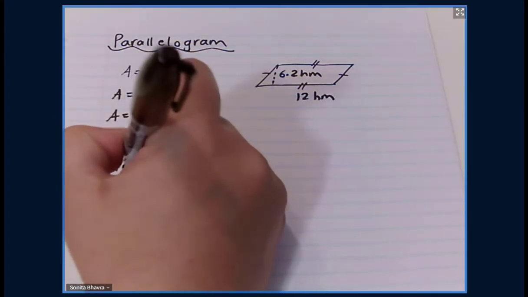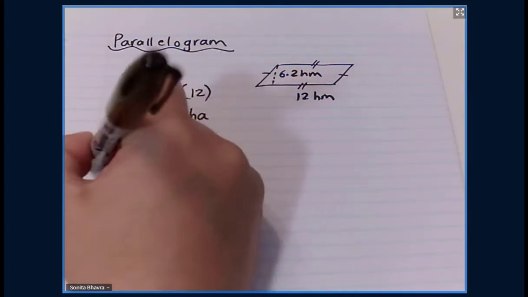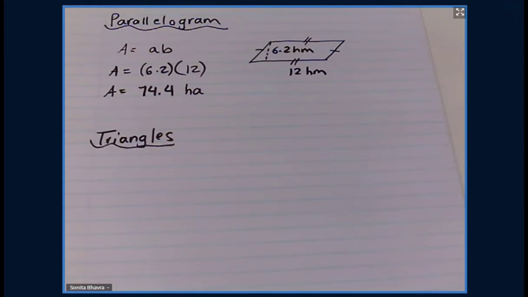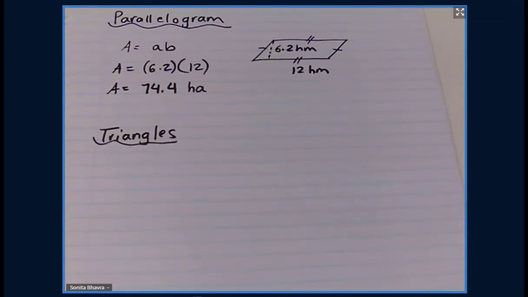Triangles are next. So in the modules, there are different types of formulas given. Area is equal to 0.5 AB, or half AB, or AB divided by 2. So you can use any of those formulas.